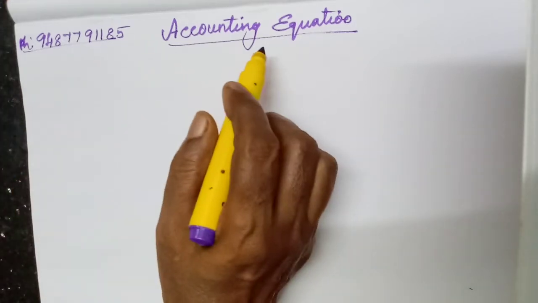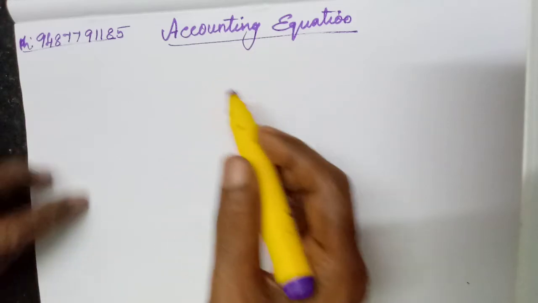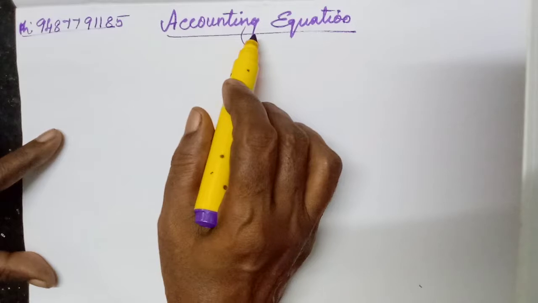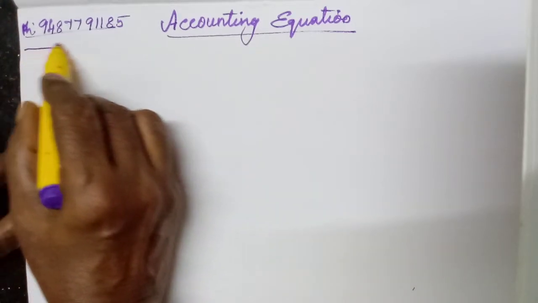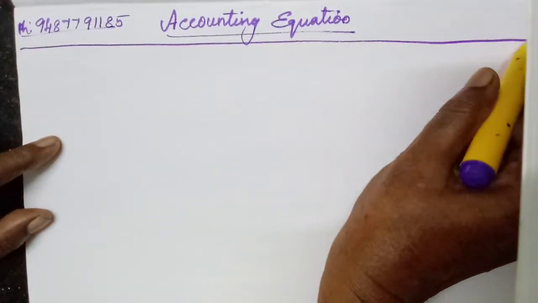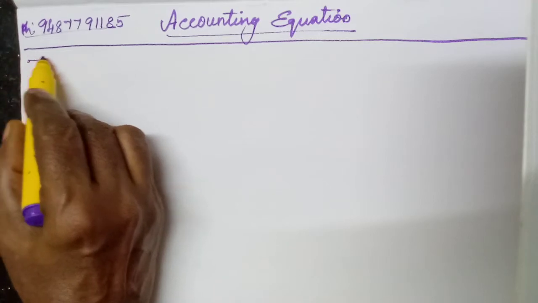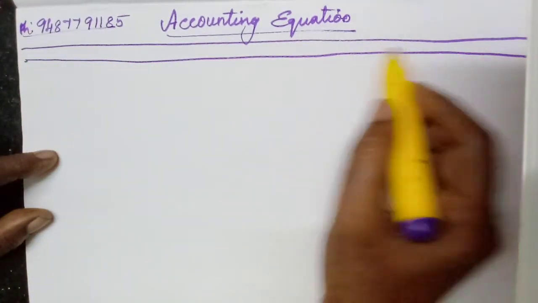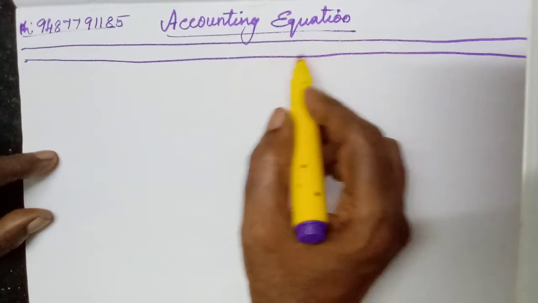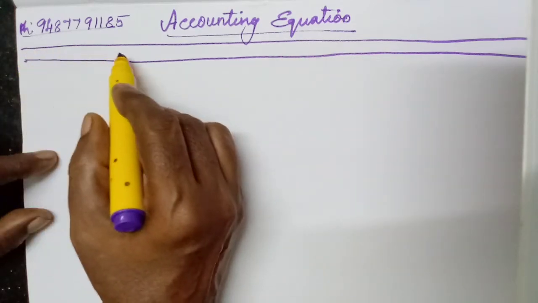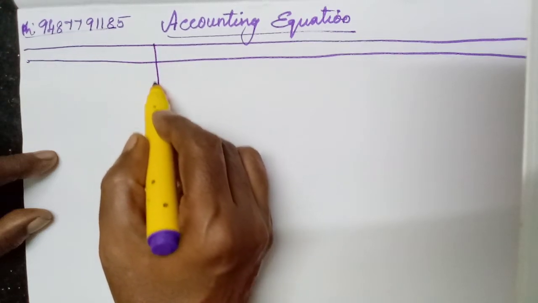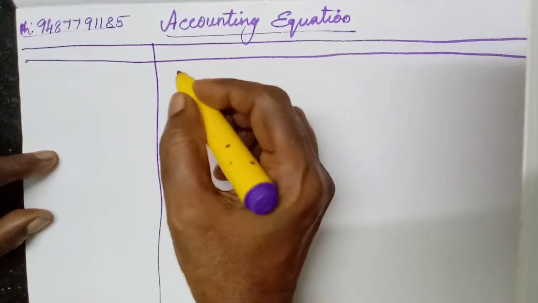Now, accounting equation. The business name is not given. So, you draw. You have to draw with scale and pencil. We have to use 2 pages. First, the transactions we need to write.